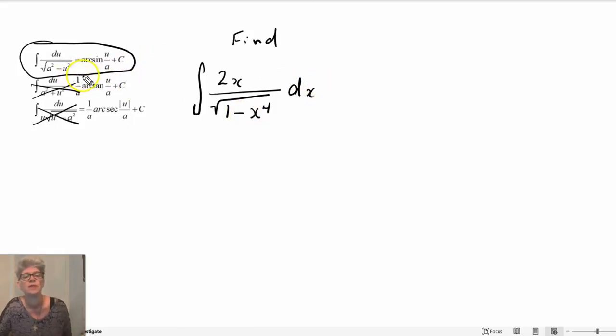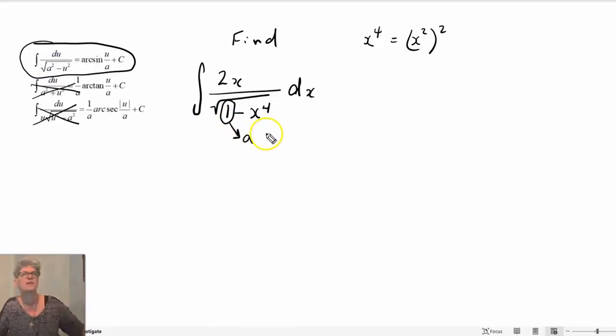But before I do that, I'm going to need to manipulate that. In particular, I'm going to rewrite x to the fourth as x squared all squared. Now here, a squared is 1, so I'm going to take my a to be positive 1. So a is, yes, plus or minus 1 all squared is 1, but a is assumed to be positive.